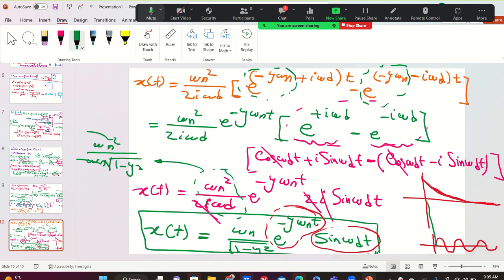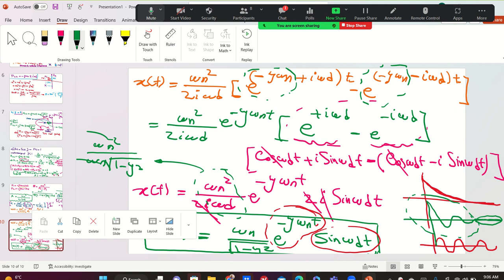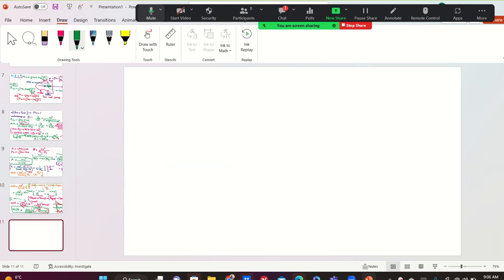I'm plotting here. See? So you see that you have a transient response that is oscillating for an underdamped system and a steady state that goes to 0. Here we go. So we found the solution for the underdamped system.